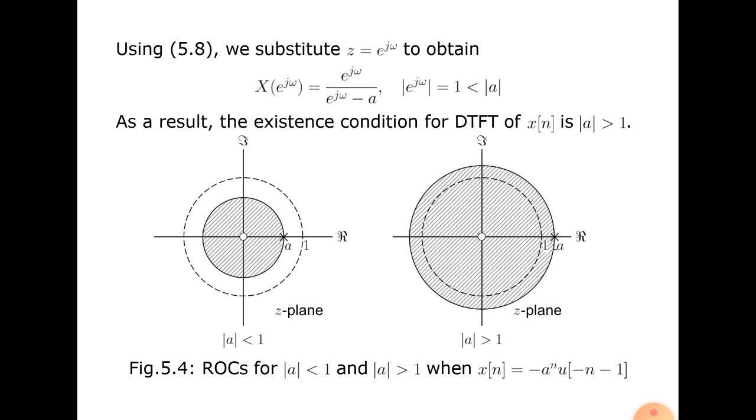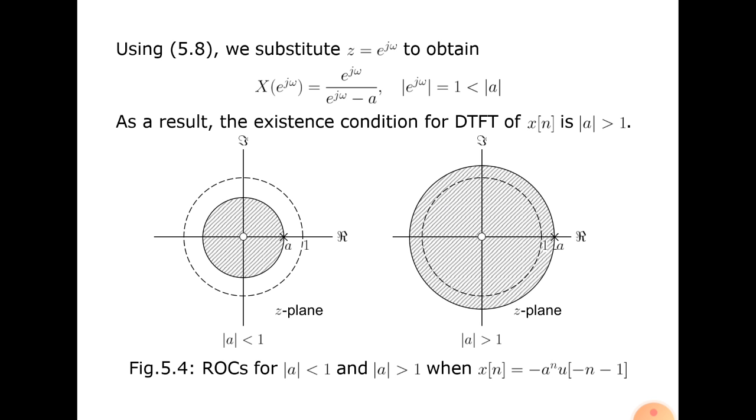As a result, this is the existing condition for the DTFT of x of n. So in the Z plane, modulus of a less than 1 means the ROC lies in the interior part of the unit circle.